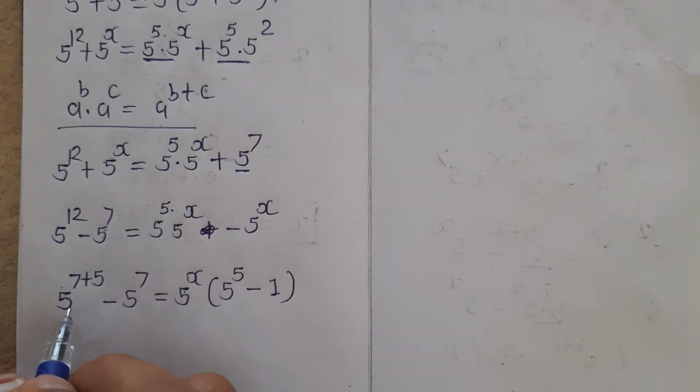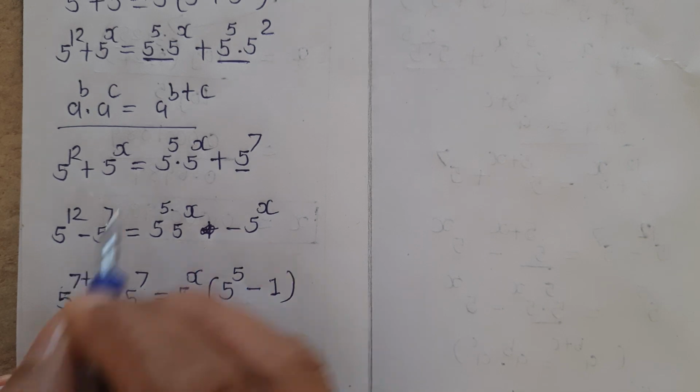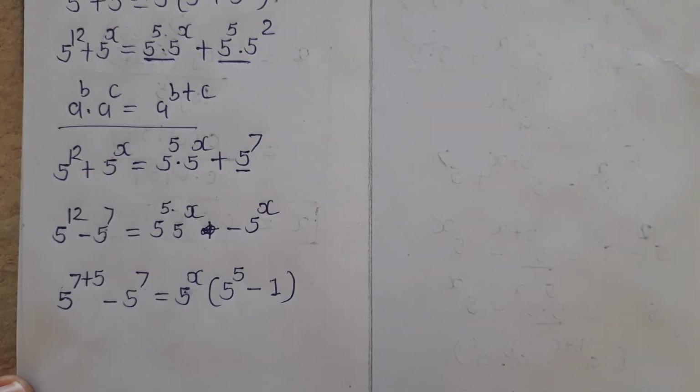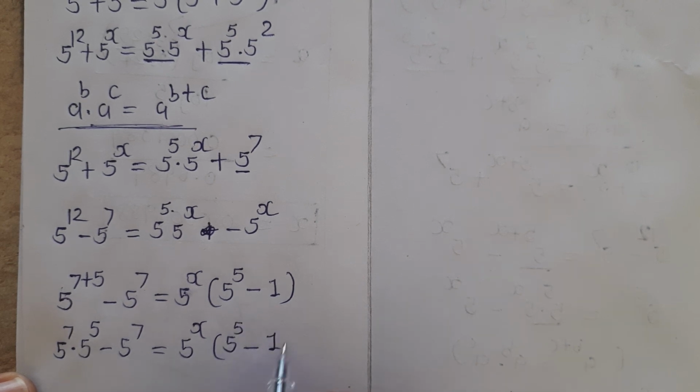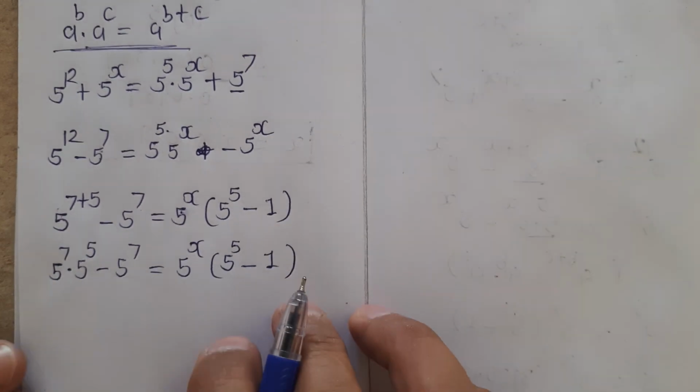Here we have to apply a formula. Which formula? The same formula, in the reverse manner. So it will become 5 raised to 7 into 5 raised to 5 minus 5 raised to 7 is equal to 5 raised to x into 5 raised to power of 5 minus 1.